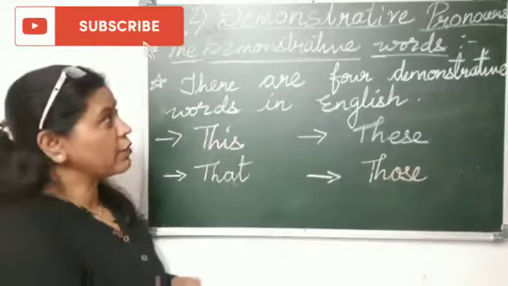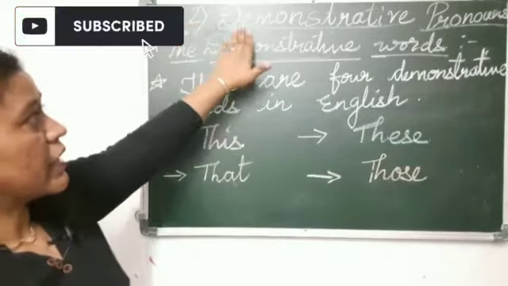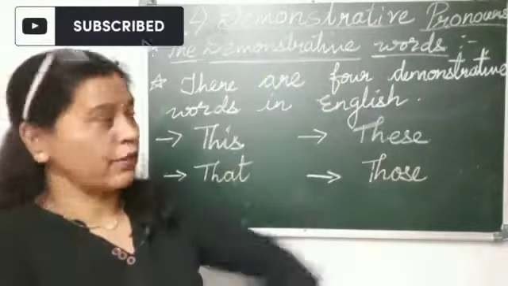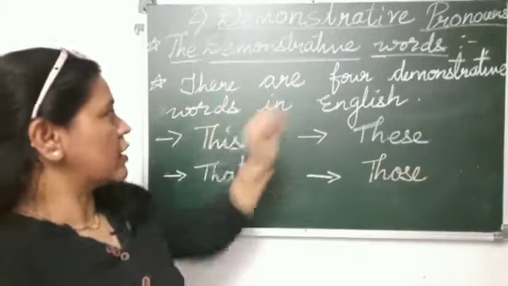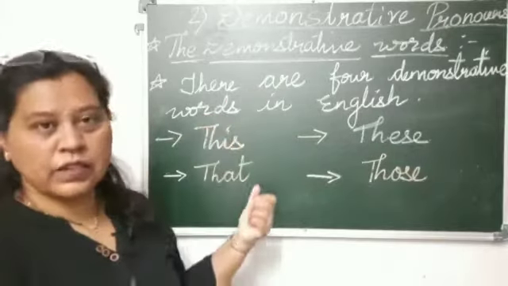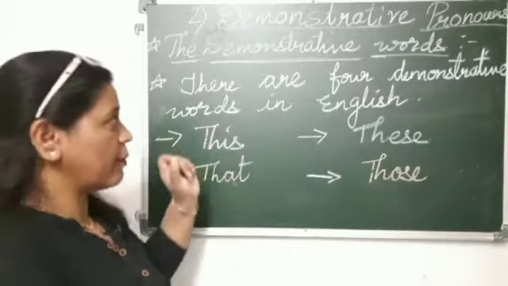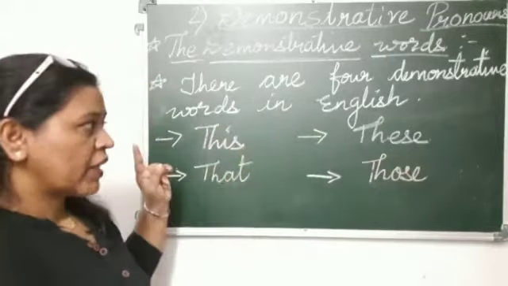As you can see on the board, this is the second pronoun, that is the demonstrative pronoun. So in the English language there are 4 demonstrative words. Just remember this: there are 4 demonstrative words in the English language.